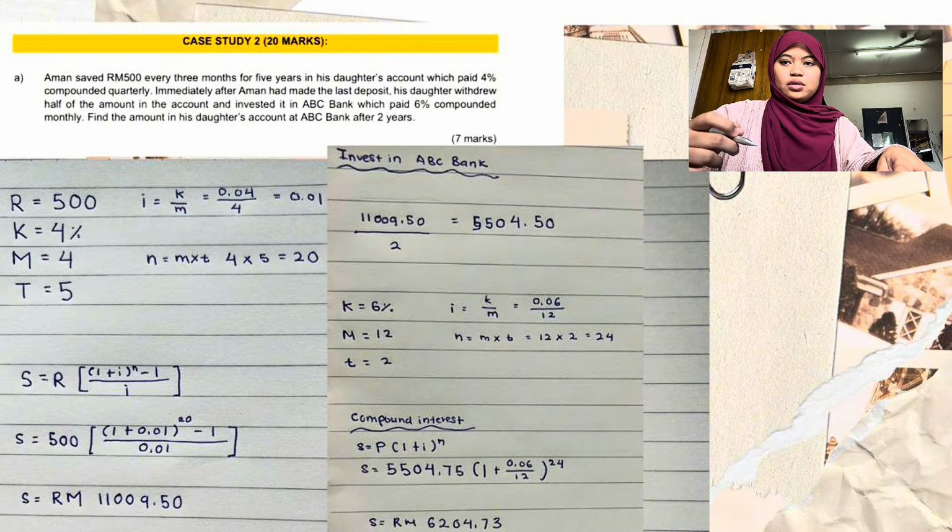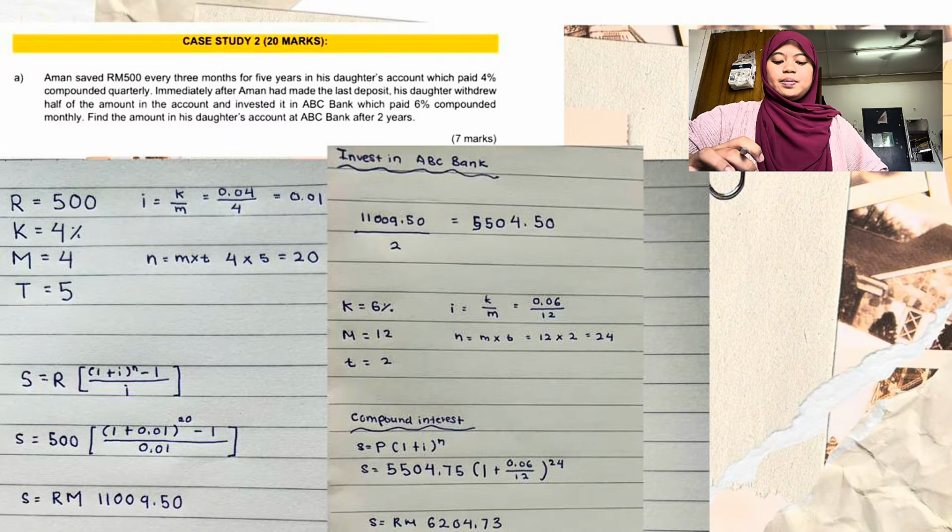Now we apply the compound interest formula, where P is 5,504.75, times 1 plus 0.06 divided by 12 to the power of 24. After we calculate that, we get that S is RM 6,204.73. So the final answer is RM 6,204.73, the amount in Aman's daughter's account at ABC Bank after 2 years of investment.